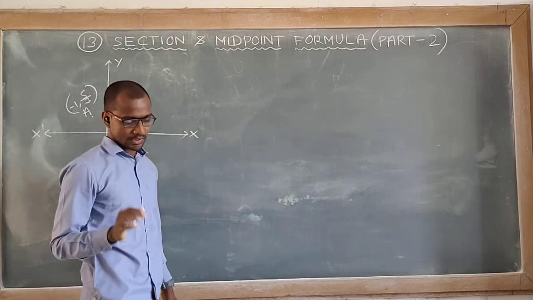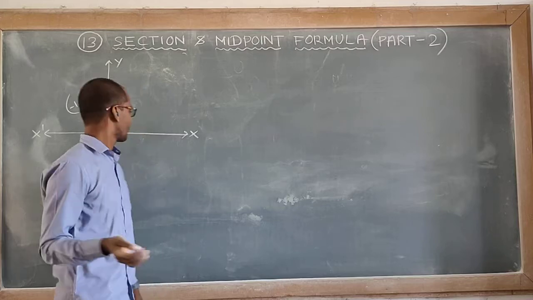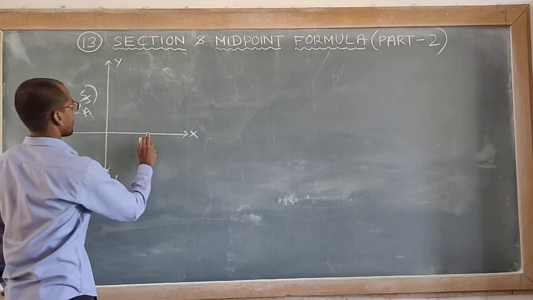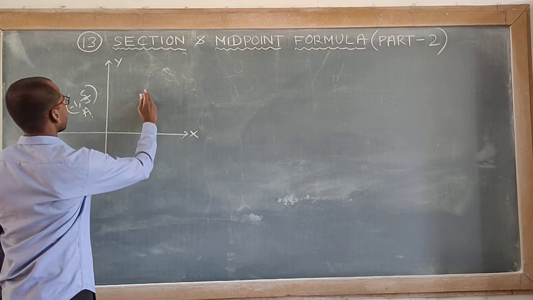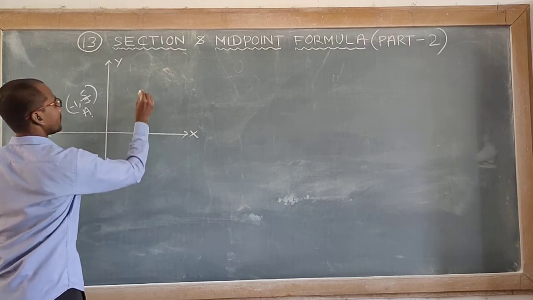Then the other point is B, (a, 5). I don't know a, but the y coordinate is 5. Suppose B is somewhere here.